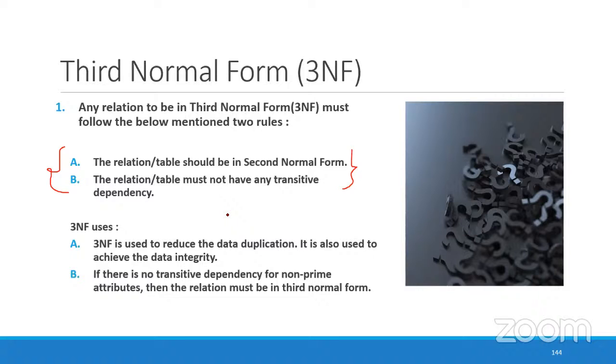So what are the uses of third normal form? It is used to reduce data duplication and also to achieve data integrity.